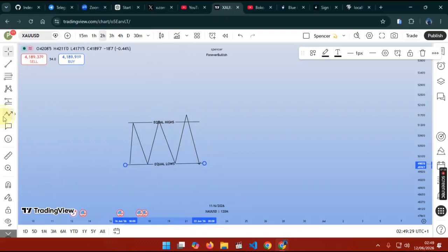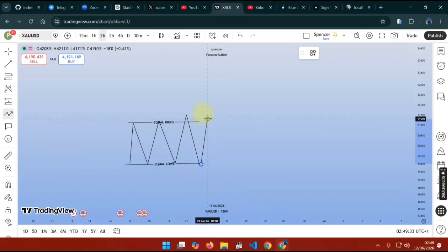So this market can simply do something of this nature, then break to the upside, and we say that we have what we call a breakout. Then it can tap this equal high and start generating higher highs.